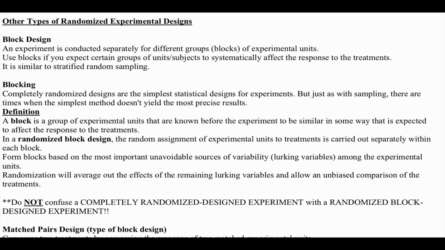Another reason to do it, if you're testing some sort of medical treatment, there are certain ethnicities, certain cultures that react differently to different diseases. Okay? So maybe everyone who is of that descent, I'm going to have in one group, everyone else in another group. Okay? For example, heart disease.